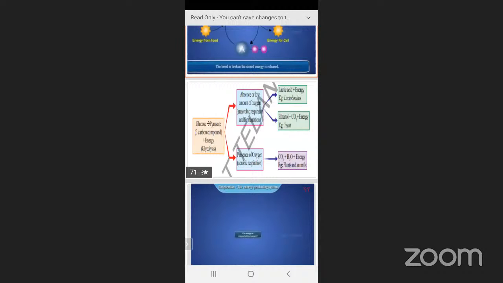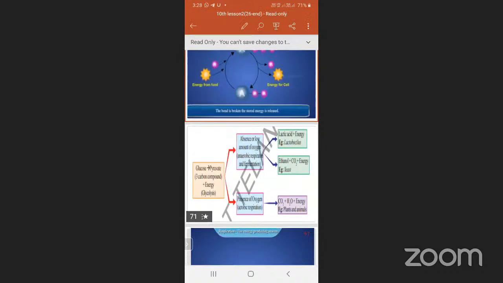See here, if the options are a low amount of oxygen, it is anaerobic respiration and fermentation. And what about the other side? Presence of oxygen, aerobic respiration.